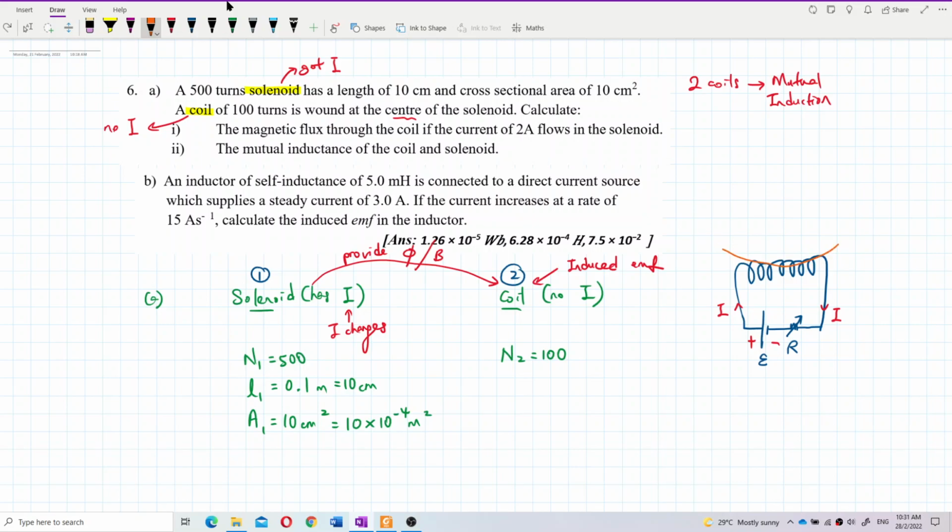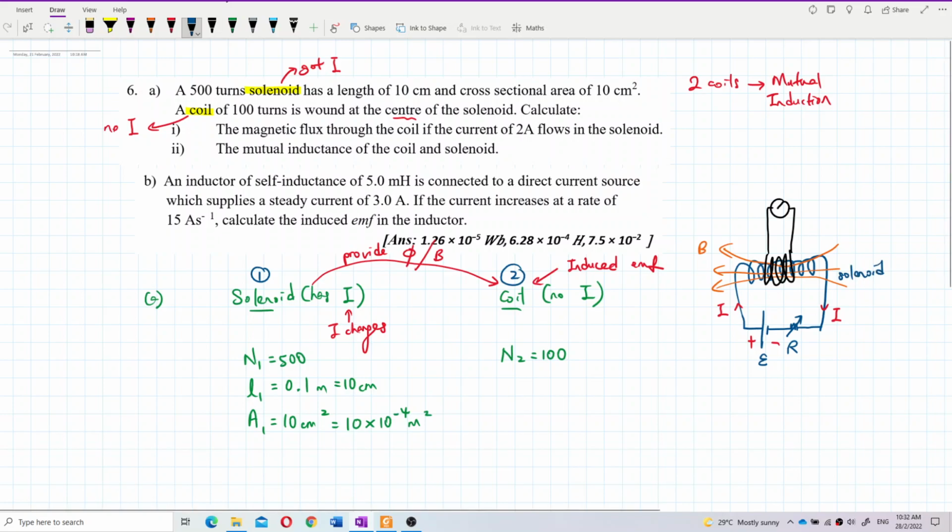Then there is a coil at the middle, and we use a galvanometer to see the induced current. So the outer one is the solenoid, and the middle one is the coil.